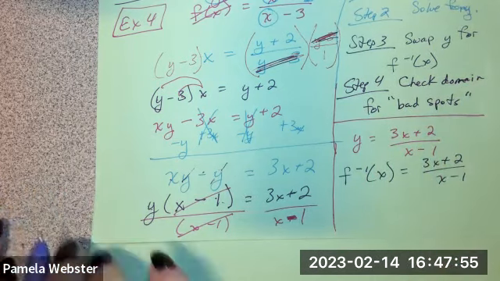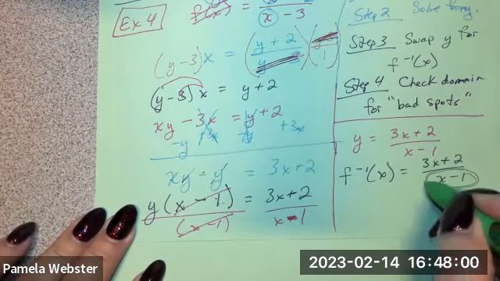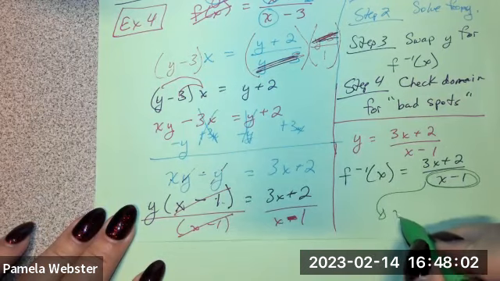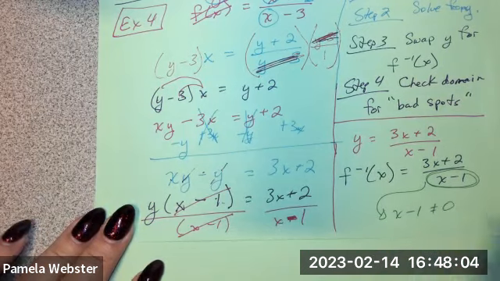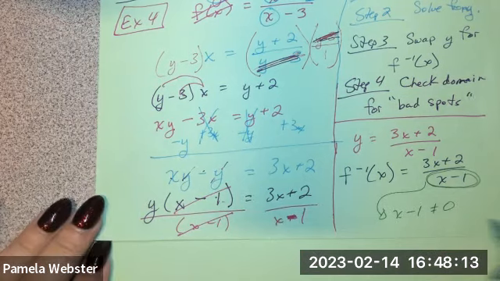Okay, and if you remember, how do I check the domain for the bad spots? I can take this denominator, I can pull it out, I can say x minus 1 cannot be 0. Why? Because I can't divide by 0. That gives me an undefined statement or an error or no solution, however you want to think about that.